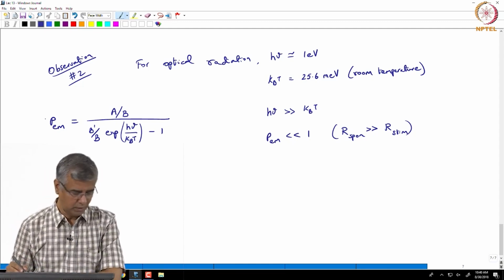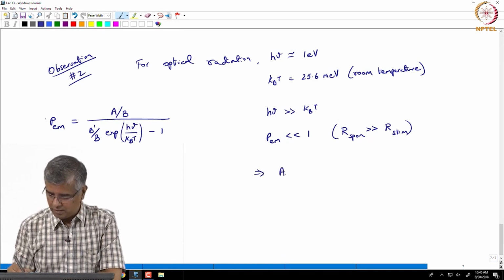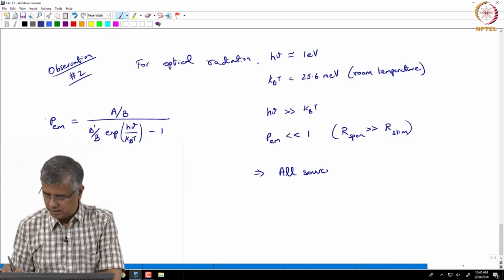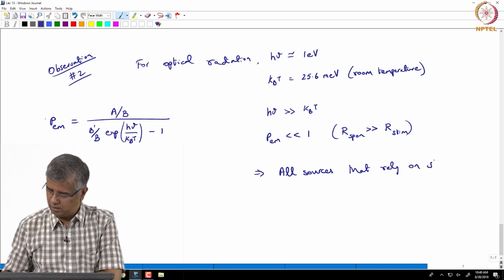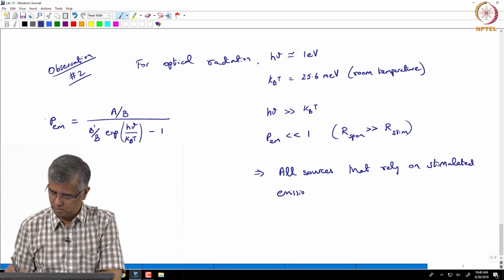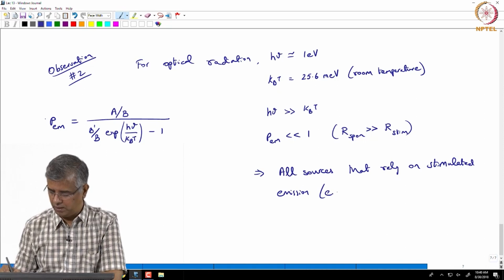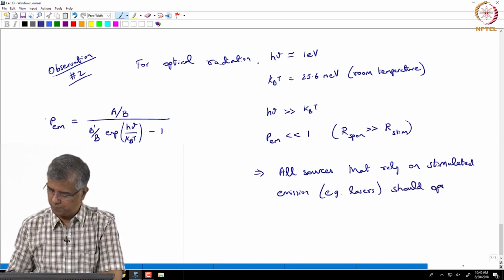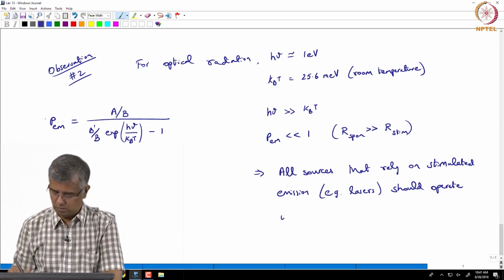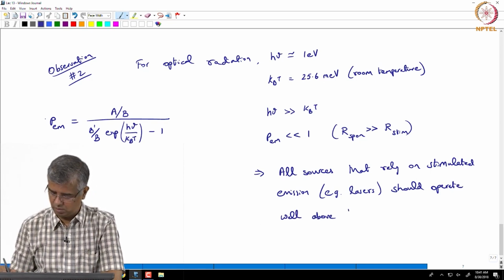So this implies that all sources that rely on stimulated emission, for example, as in the case of lasers, should operate well above thermal equilibrium.